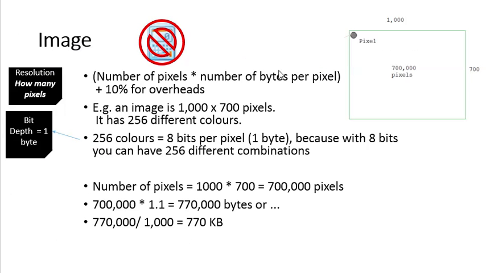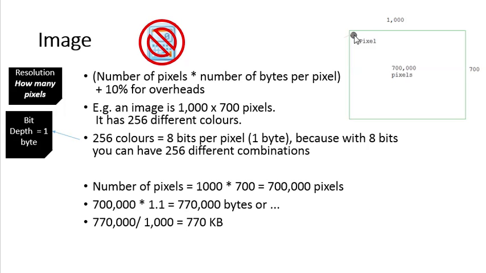A third example, we look at an image. Remember, images are made up of pixels, and each pixel will represent a color. How the pixel is represented is down to the method used to represent the colors.